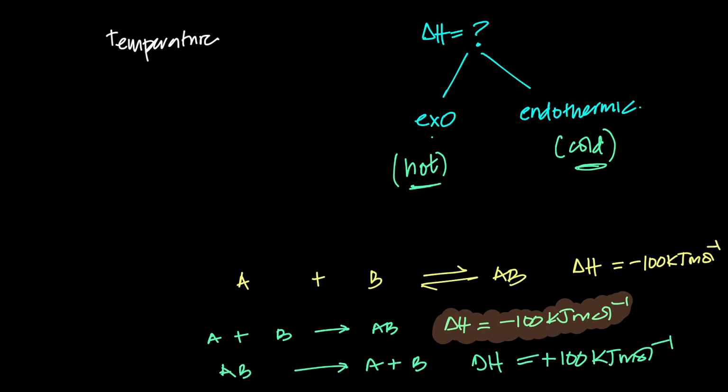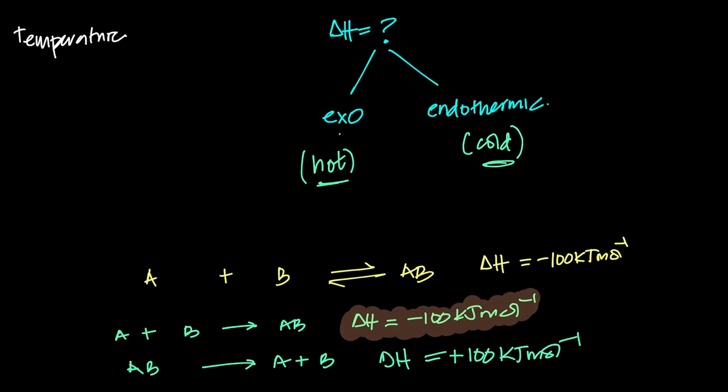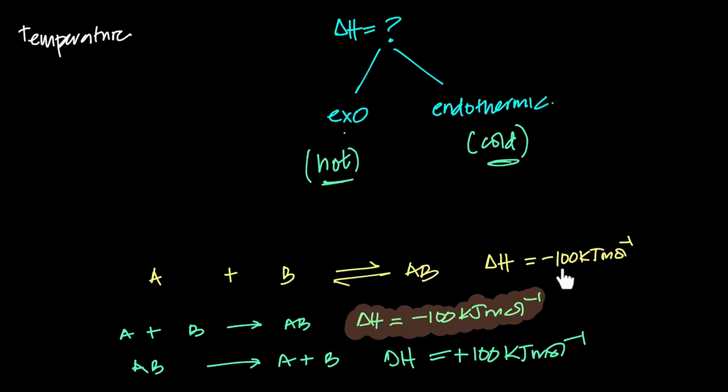And that's important, because whenever you're given an equilibrium and you're given delta H's, remember they're giving you delta H's to talk about the forward reaction. So if a reaction is given and there's a certain delta H, that's for the forward reaction. So the backward reaction has the exact opposite delta H. Like if the forward is plus 100, the backward is minus 100.